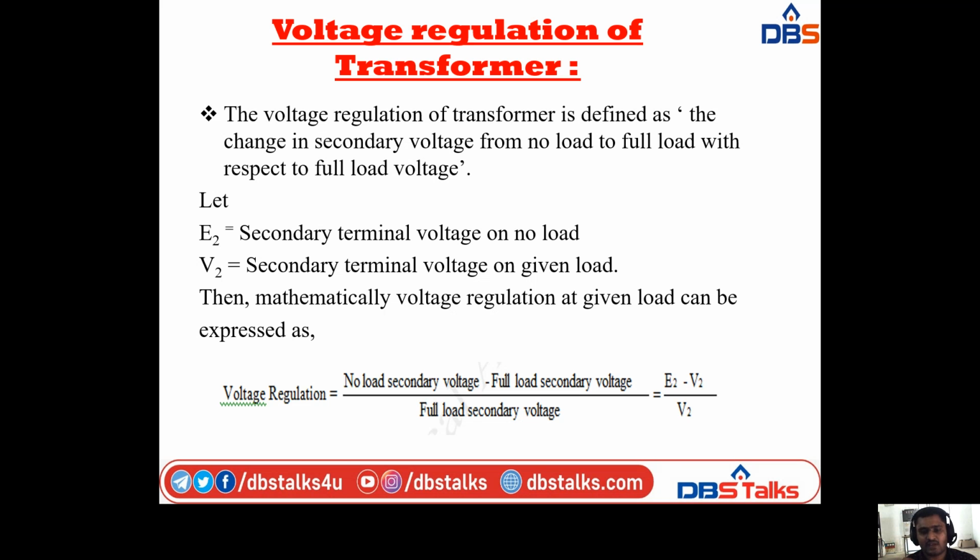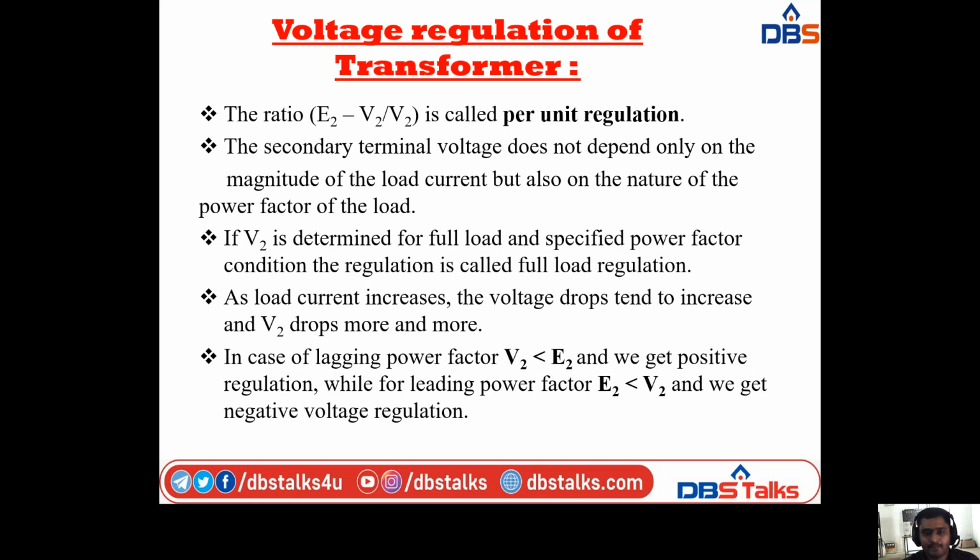In percentage, voltage regulation is equal to E2 minus V2 by V2 into 100. This is called the voltage regulation of a transformer, and the ratio E2 minus V2 by V2 is called per unit regulation.